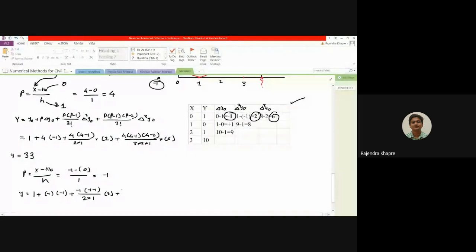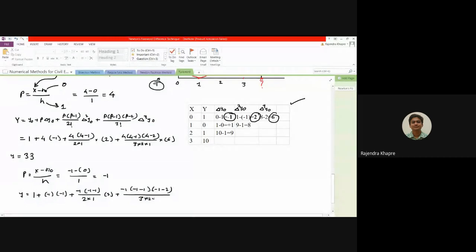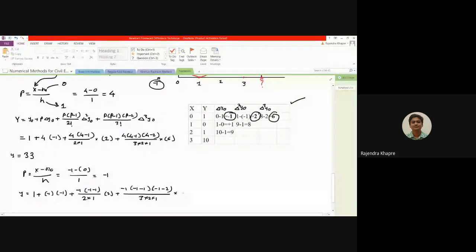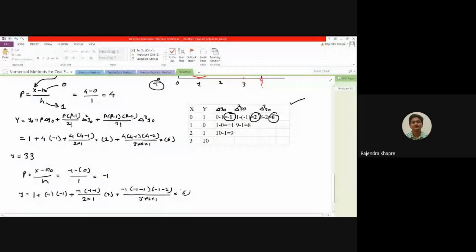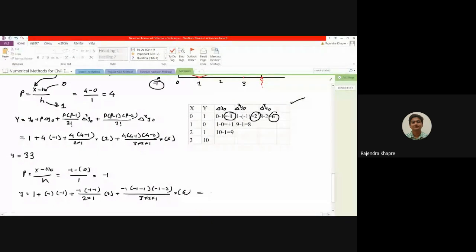Plus p value is minus 1, so this will be minus 1 minus 1, then minus 1 minus 2 divided by 3 factorial, which is 3 into 2 into 1, into this will be nothing but 6. Now tell me. Minus 2, sir.